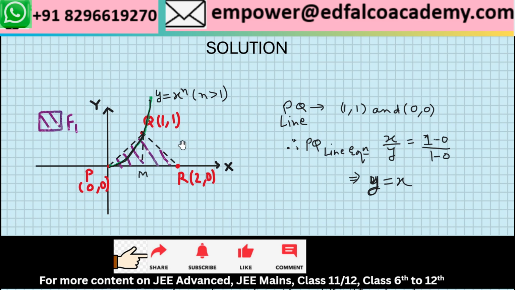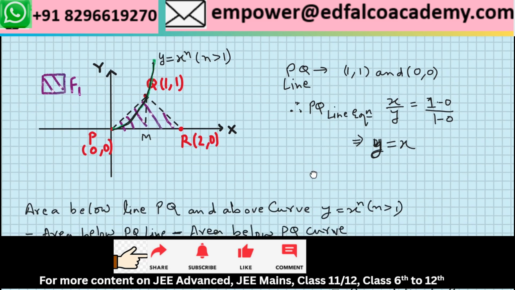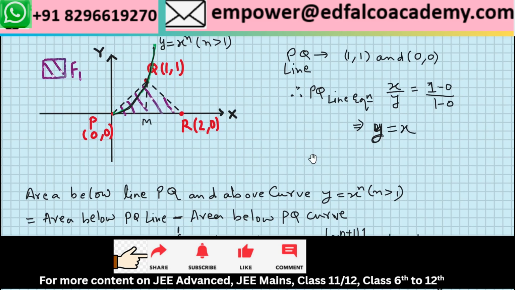So we will begin by finding out what is PQ. PQ basically is a straight line passing through (1,1) and (0,0). So you can simply find the line equation, which will be y/x = (1 - 0)/(1 - 0), which comes to y = x. Even if you don't want to do that, it's a simple triangle, so you can find the area of this triangle that I have drawn here, which is PQM.